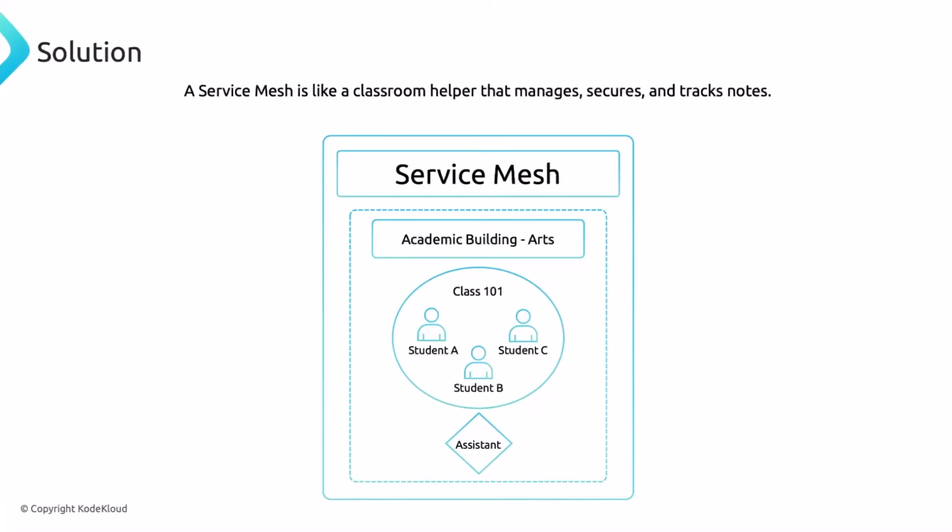It ensures that the communication goes through smoothly without issues. If student A, for example, wants to send a note to student C, student A needs to pass that to the assistant, who will ensure the note gets to student B. And now, again, because this assistant is the one handling it, no one else is going to read that message. It's going to make sure it gets to that student.